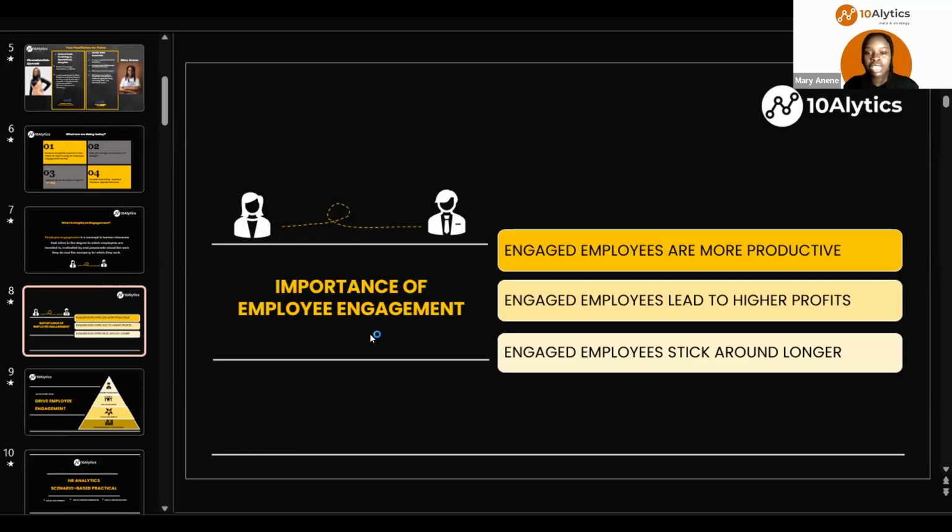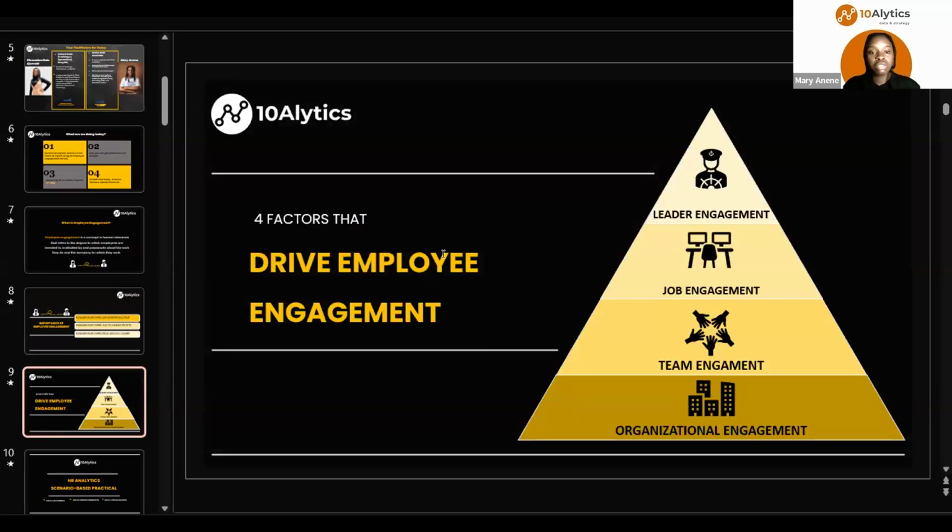Basically, this sums up to productivity, high profit margins for the company, as well as long-serving employees, in other words, a very good employee retention ratio within the organization. Those are some of the key reasons why employee engagement is important. This is just a build-up to help us understand exactly what we are going to do today and why it is necessary for us to track these areas in HR. So we're going to move on from there.